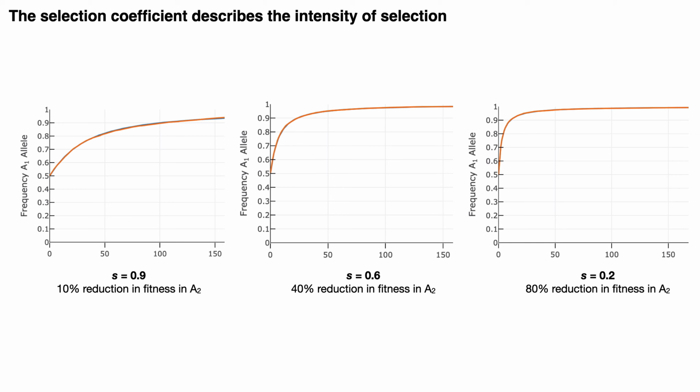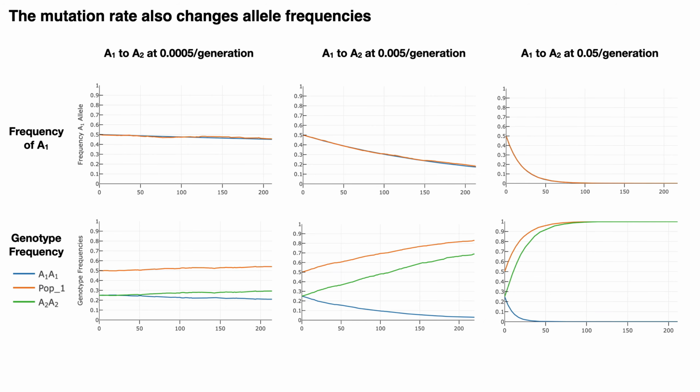In addition to the effects of selection, we can also see how mutation rate can affect the allele frequencies. The top line of panels here is showing the frequency of that A1 allele when you have very low levels of mutation. So you see it mutating from A1 to A2. Notice the A1 starts at 50% and goes down to about 45% of the population if you have very low rates of that turnover.